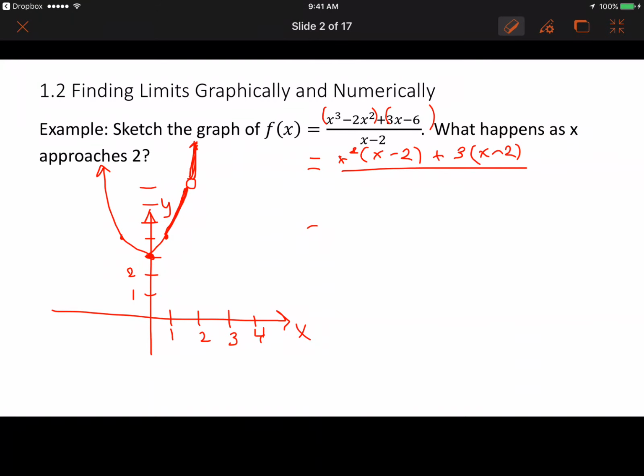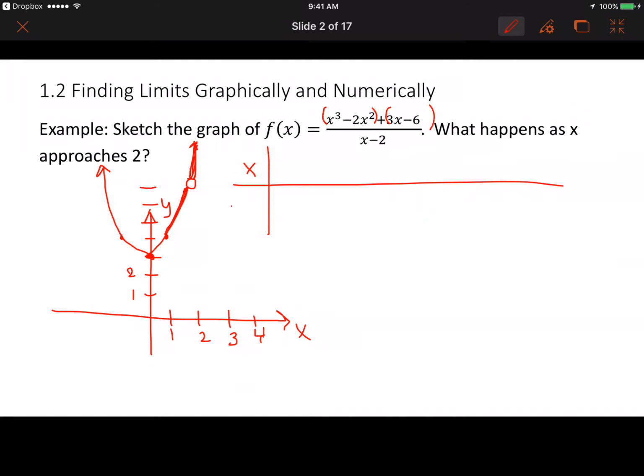And let's try to plug in some values for x. You can do this on your calculator. So let's make a table, say x and f of x, and we want values close to 2. We're trying to figure out what happens as we get closer and closer to 2.